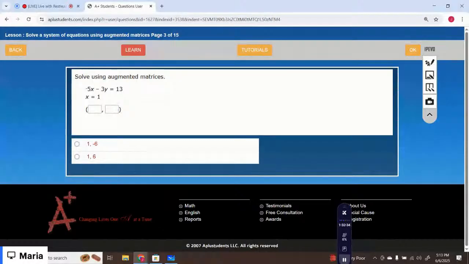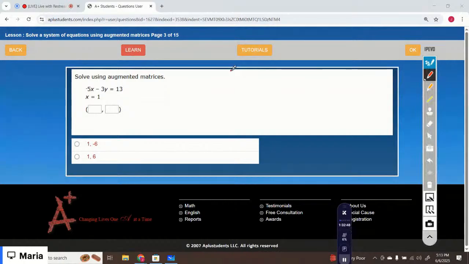Solve using the augmented matrix. That is 1, 0, 1, and -5, -3, 13. So just repeating the first row, that is 1, 0, 1.